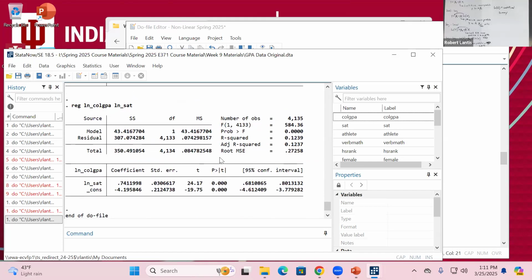Just to get some practice, how would I interpret this coefficient from my log-log model? So a 1% change in my SAT score, that X variable I was taking the natural log of, is going to cause my predicted Y variable to change by 0.74%.